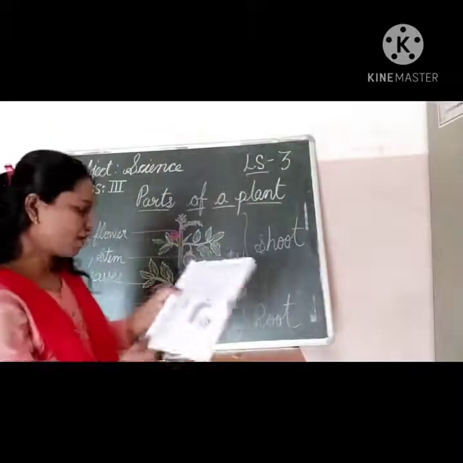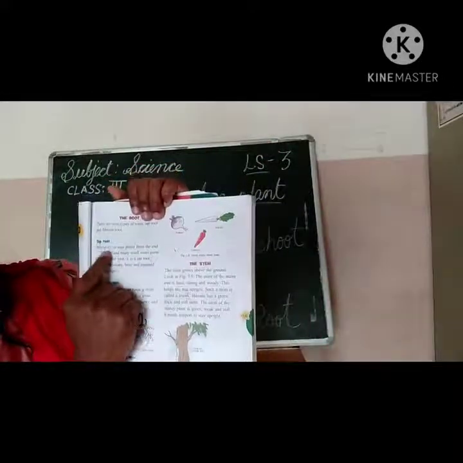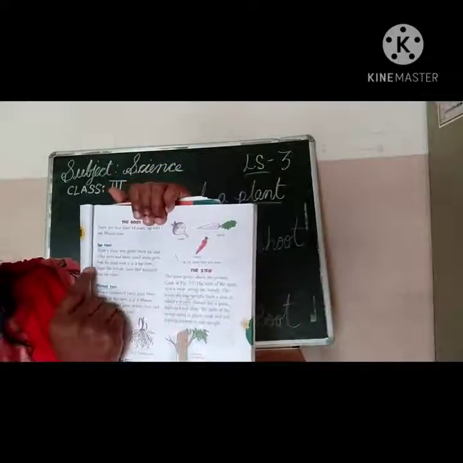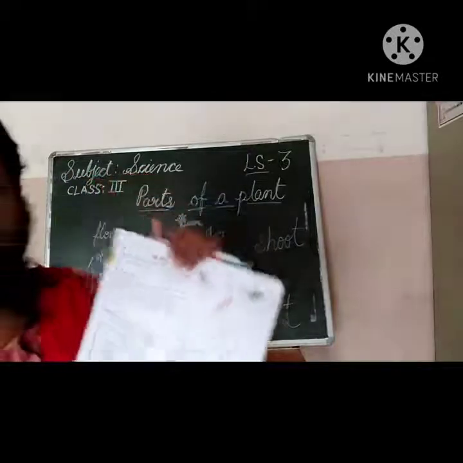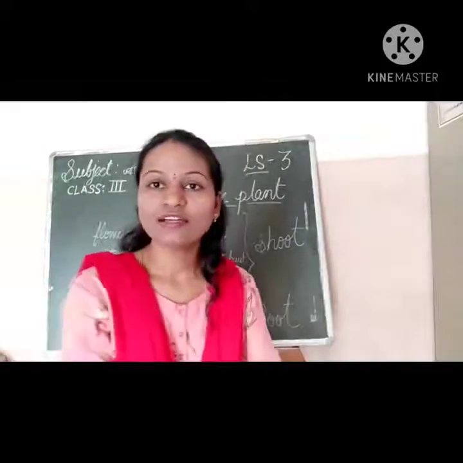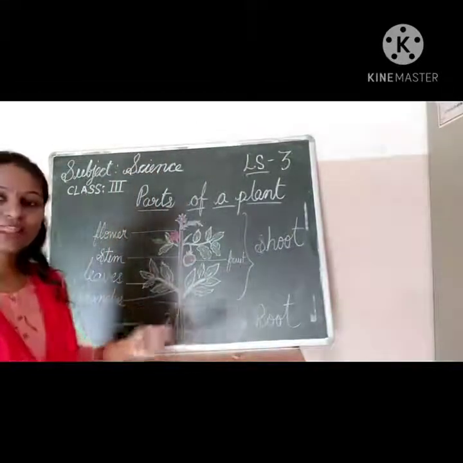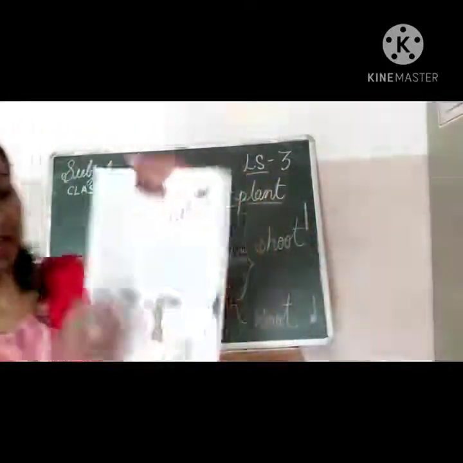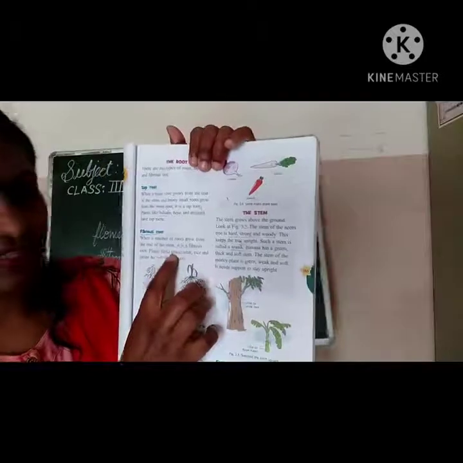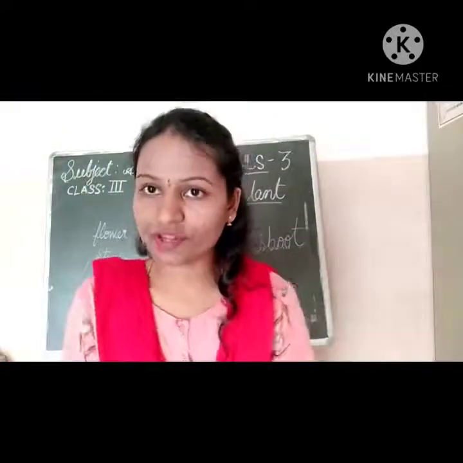See here in your textbook, in the tap root, the main root grows from the end. The examples are balsam, bean and mustard. These are called tap roots. This one is a fibrous root. The examples for fibrous roots are wheat, grass, rice, onion. These are all fibrous roots.